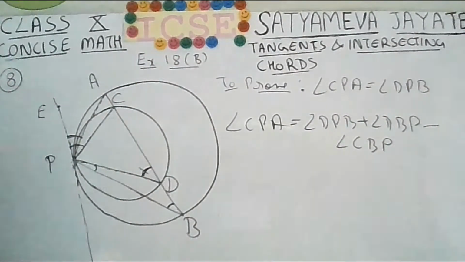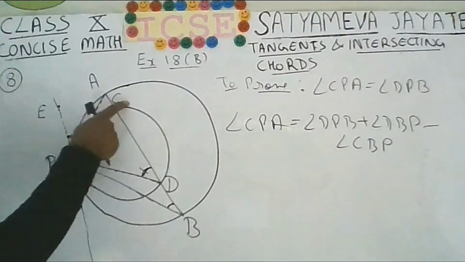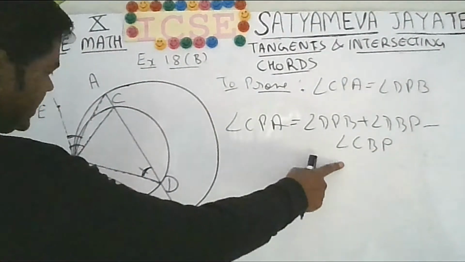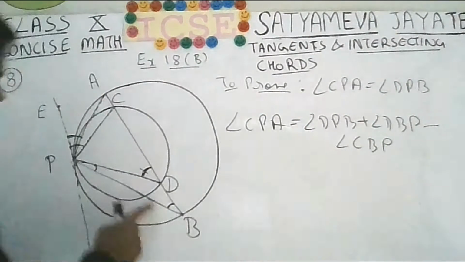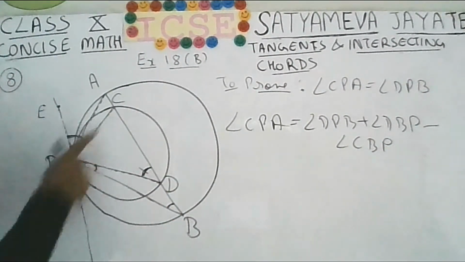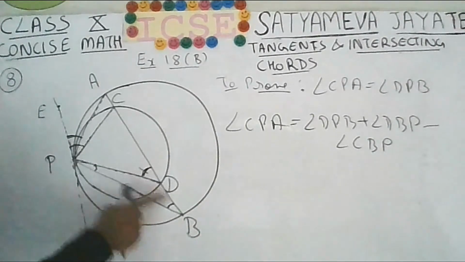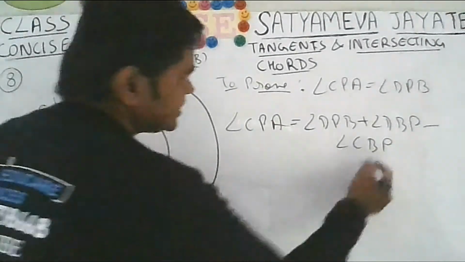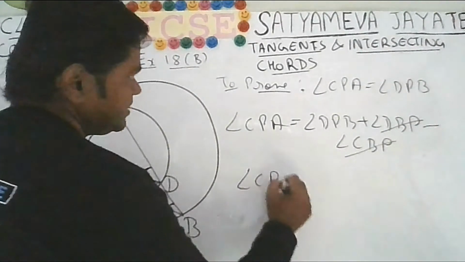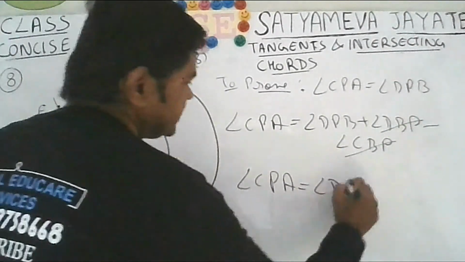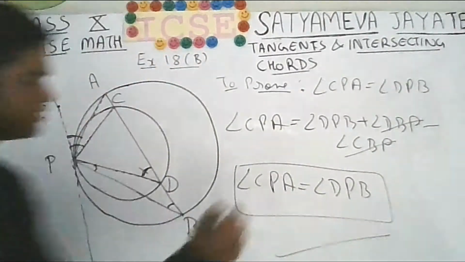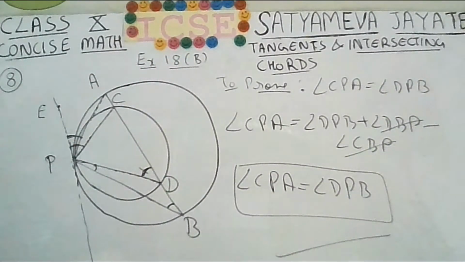What is CBP? CBP, this angle, and DBP, they are one and the same thing. CBP is the same as DBP. So these two you can cancel out. If you cancel out, then you will get angle CPA is equal to angle DPB. This we had to prove. Okay, so like this you can do.